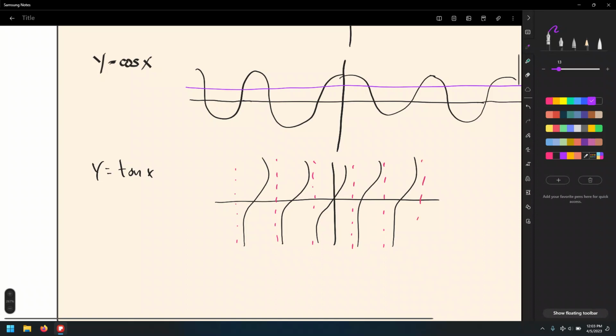If we do the horizontal line test again, it fails. So with this, we are essentially stuck trying to find inverse trigonometric functions, because they're not one-to-one; they all fail the horizontal line test.